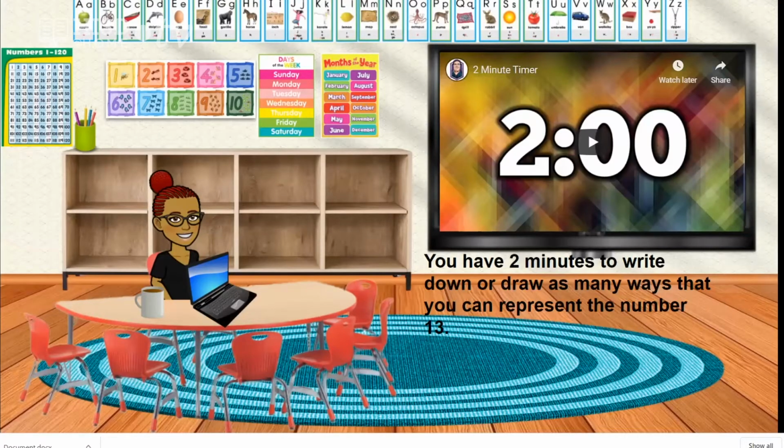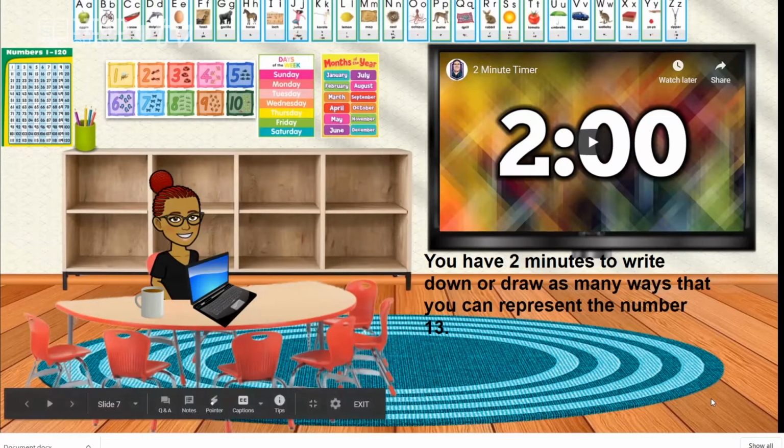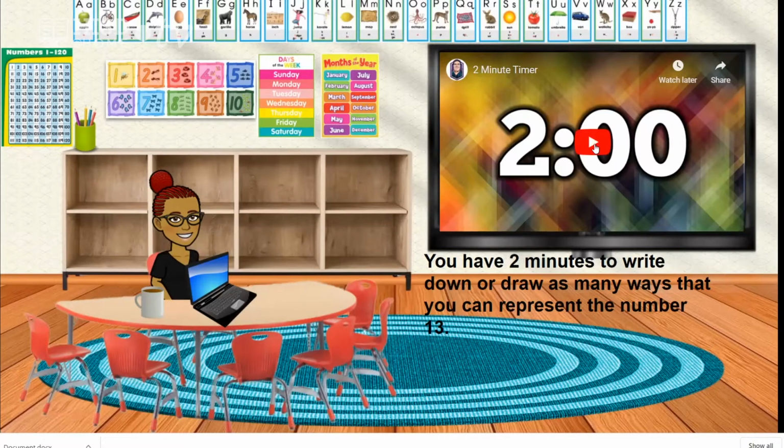You have 2 minutes to write down as many things as you can to represent the number 13. Get those pencils going because your timer is about to start. You have 2 minutes. How many ways are you going to come up with to make the number 13?